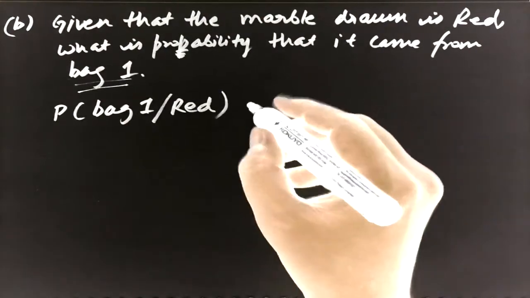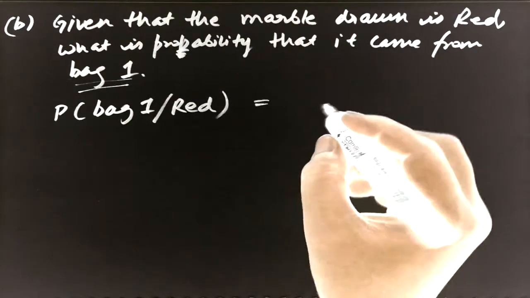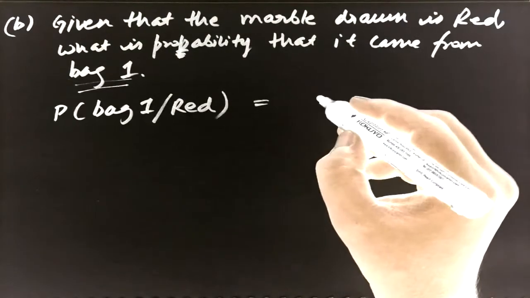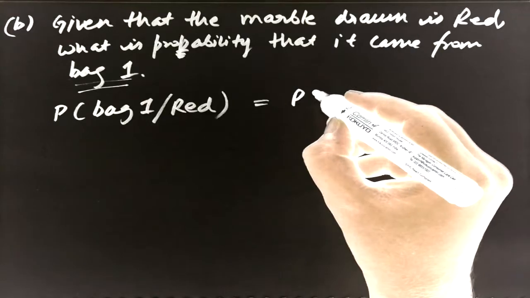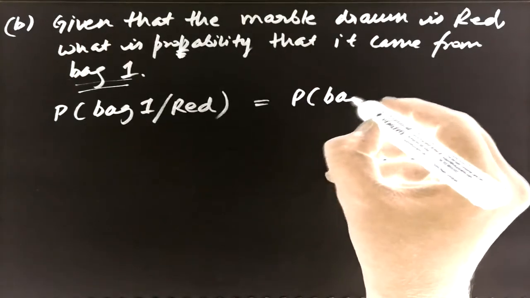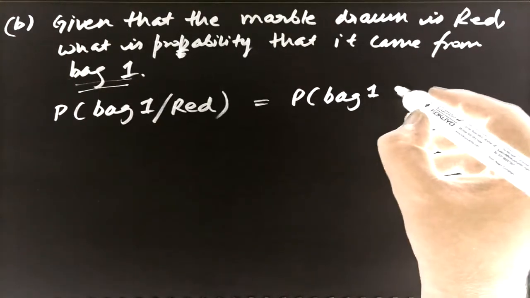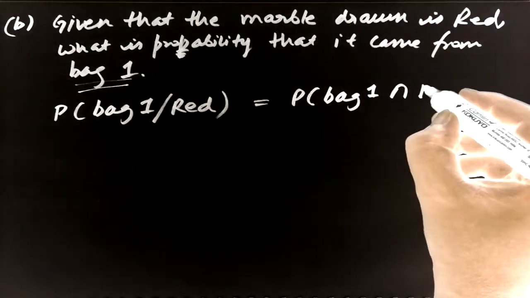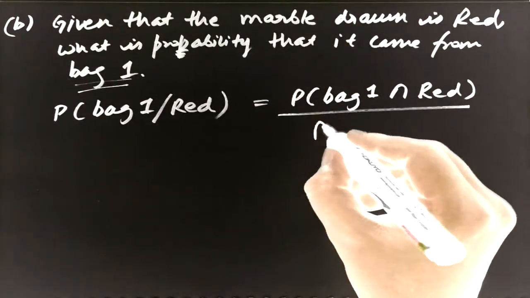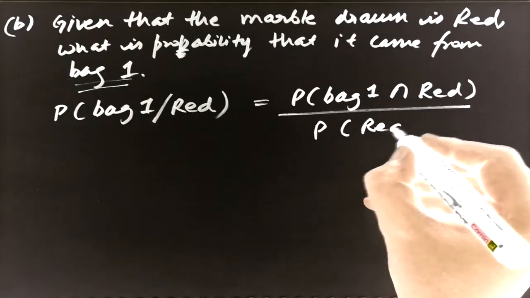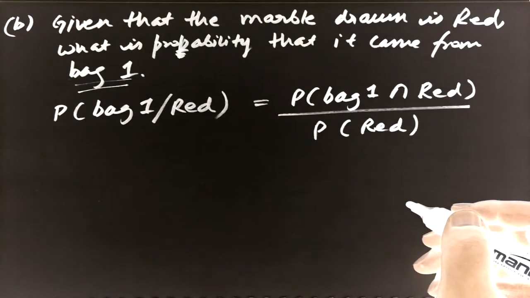So this is simply the formula. This is like A and B. So the probability of bag one intersection red upon the probability of red.